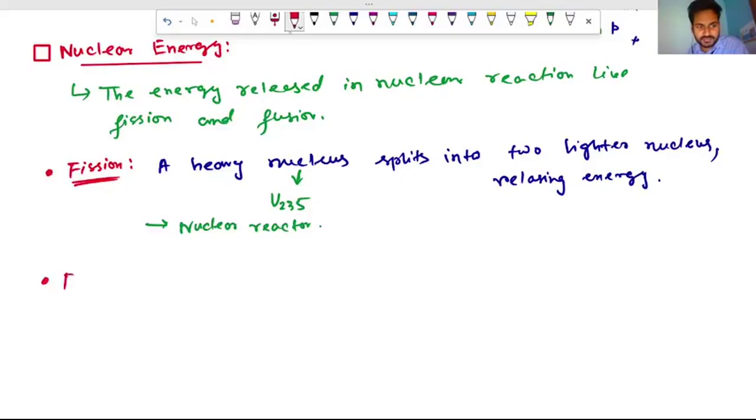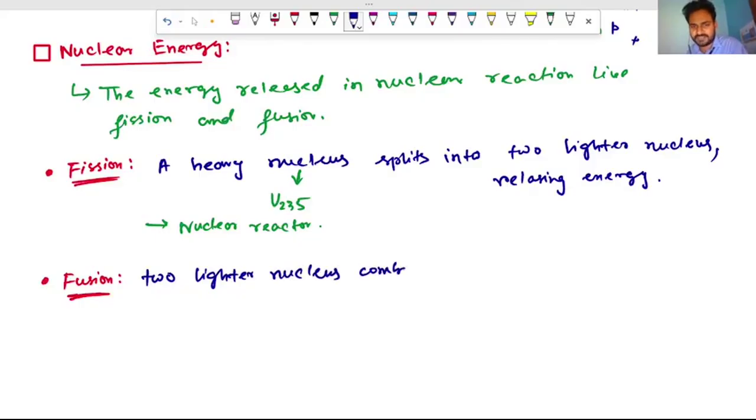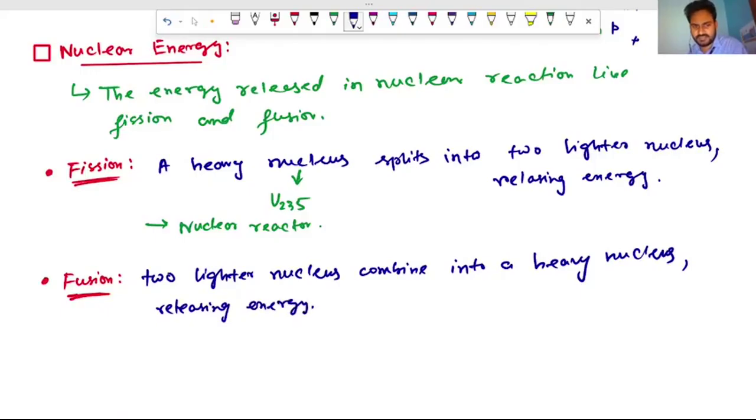Next, nuclear fusion. When two lighter nuclei combine into a heavy nucleus, releasing energy, this reaction is known as nuclear fusion. The lighter nuclei are hydrogen isotopes.